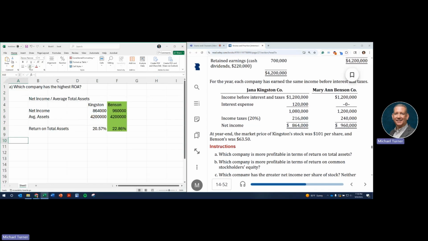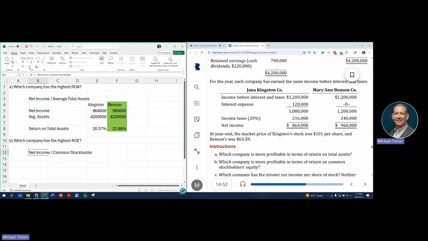Next, B. Which company is more profitable in terms of return on common stockholders' equity? Which company has the highest ROE, return on equity? So our formula here is the same net income, but we're going to divide it by owner's equity. And our owner's equity here is only common stockholders' equity.